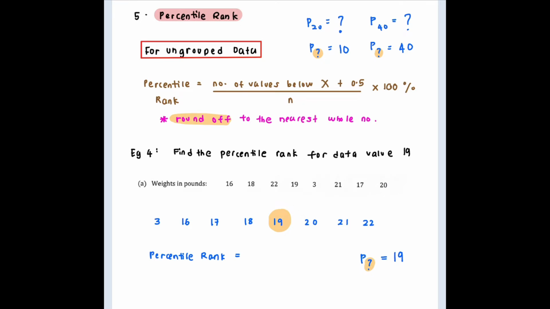Okay. So just use the percentile rank formula for the ungrouped data. This is an example of the ungrouped data. So how many values are below X? X is the number that the question gives you, which in this case is 19. So how many values below 19?